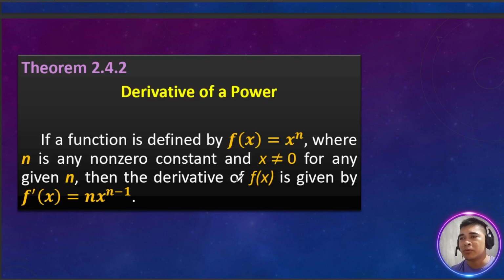Then the derivative of f of x is given by the derivative of x to the n is equal to n times x to the power of n minus 1. So we simply take our exponent n and put it in front. If there is a constant there, you need to multiply. If there is none, we have 1 automatically, so n times 1. So n is any non-zero constant. Then what happens to the exponent? You are going to deduct 1.